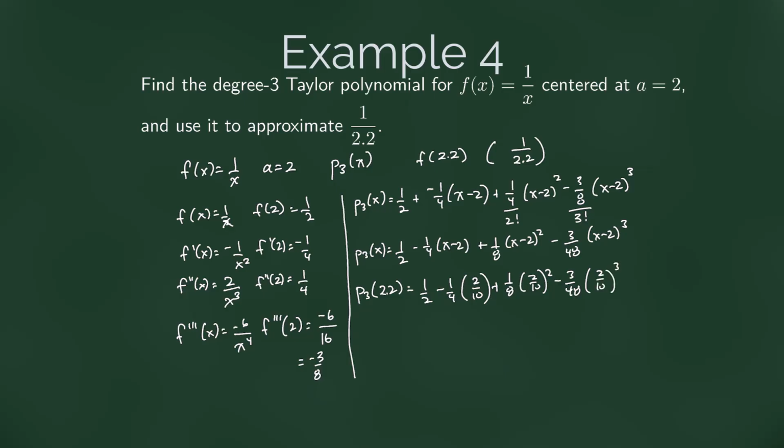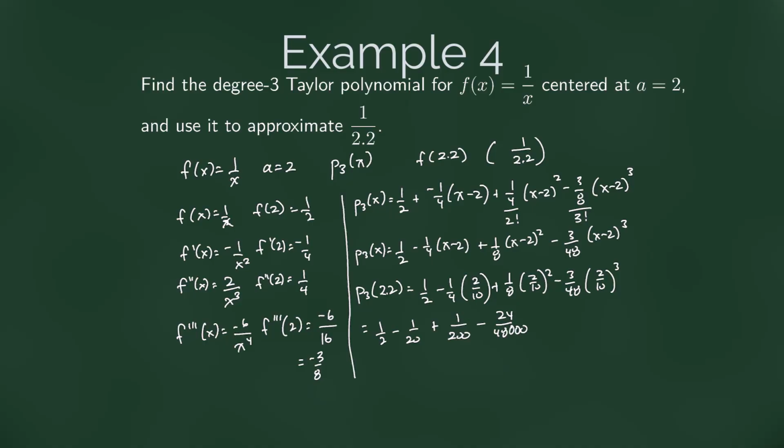All right, writing all of that out, we have 1/2 minus 1/20 plus 4 over 100 times 1/8, so that's 1 over 200. And then in the last, we get 3 times 8 is 24 over 48 times 1,000.